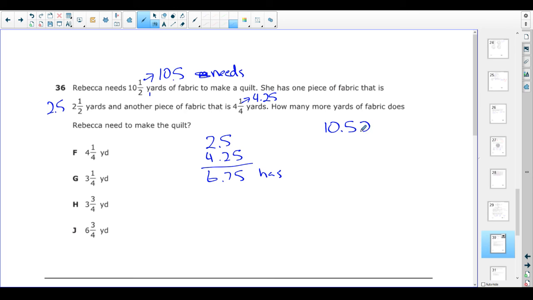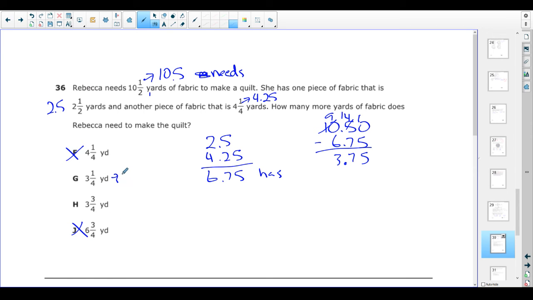So we subtract, 10.5 minus 6.75. Line up our decimals, as we do when adding or subtracting. We borrow, because that's how you subtract. Borrow again. So this is going to become 9. 14, that's 7. 9 minus 6 is 3. So 3.75, so it's not that.